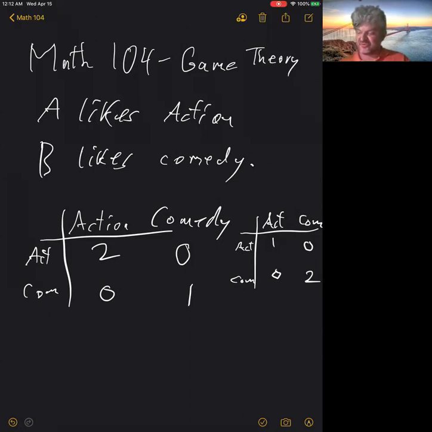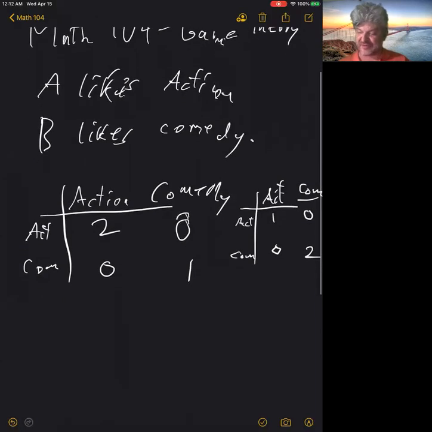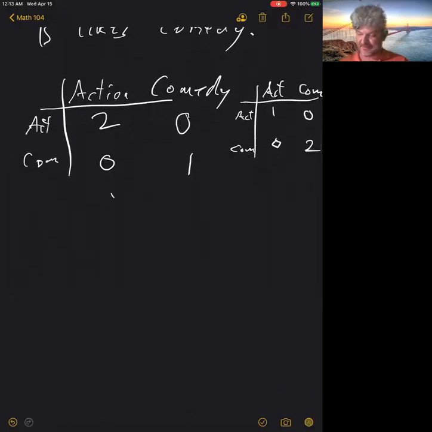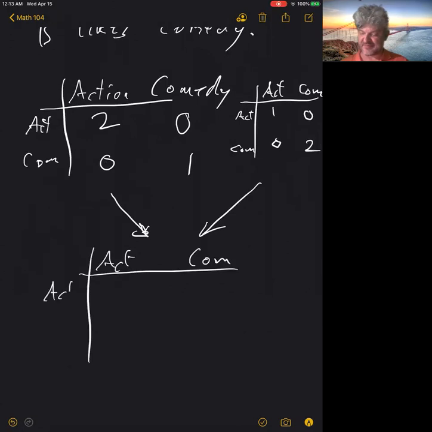So we got two 2x2 tables, and we can combine these two tables into one. Action, comedy, action, comedy.